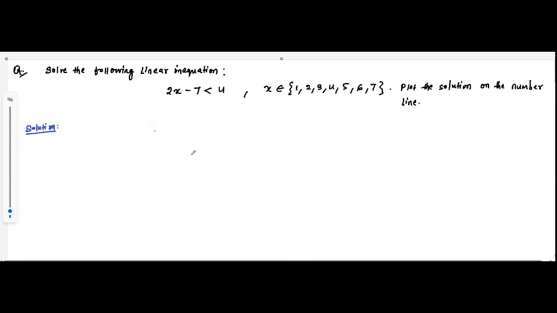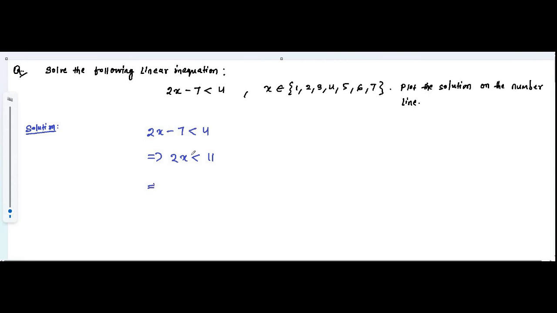Okay, so the inequation 2x minus 7 is lesser than 4. Now we'll take this minus 7 to the RHS, it will become plus, that implies 2x is lesser than 4 plus 7, which is equal to 11.